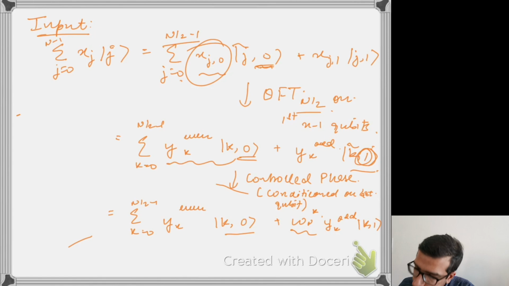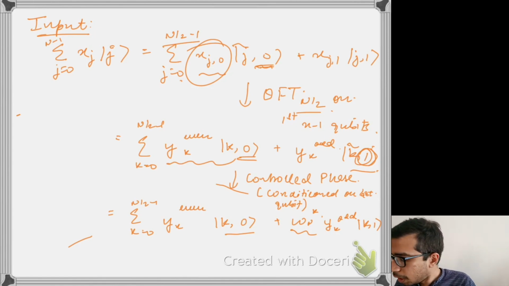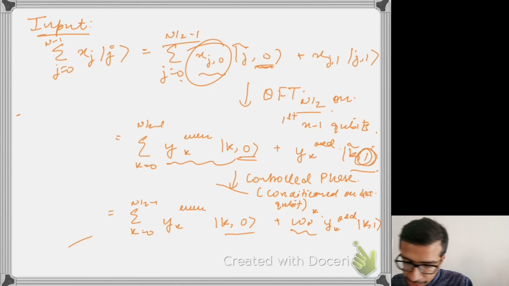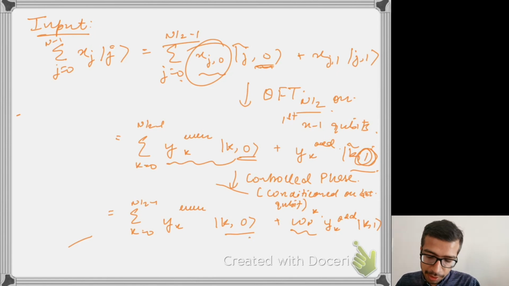So the conditioning is done by the last qubit. Okay, and overall this is how I get it at this point, but now I have to add and subtract terms. So what do we do? So what we do is that we apply a Hadamard gate on the last qubit.